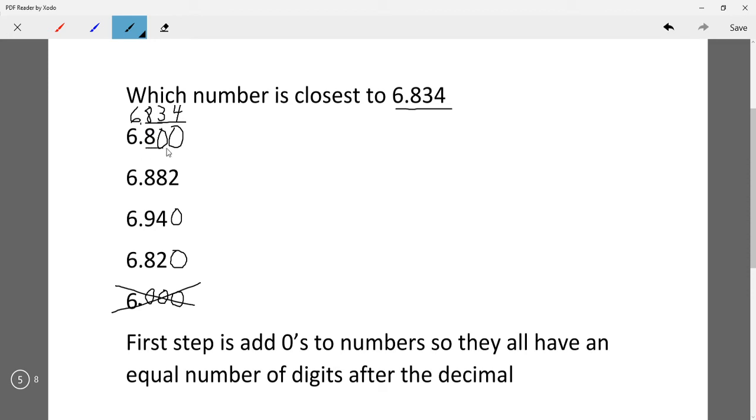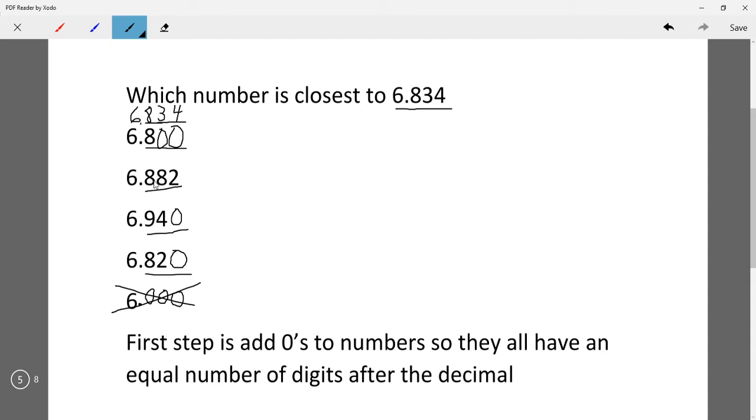And we have 800, 882, 940, and 820. Now if I look at the hundredths column, I see that it is 0.83. So let's see, what is the closest one to 83 in these two? So we have 80, which is 3 away.